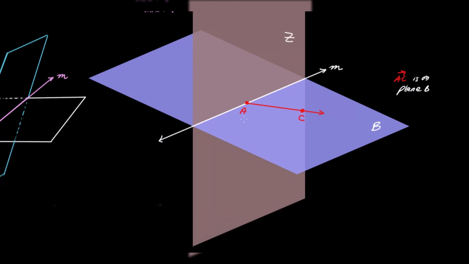I'm going to draw a line in two parts, like this. This line is going to be in Z. If it is in Z, I won't be able to see this part of it because it's behind the blue plane. I will only be able to see the line again when it comes out, over here.